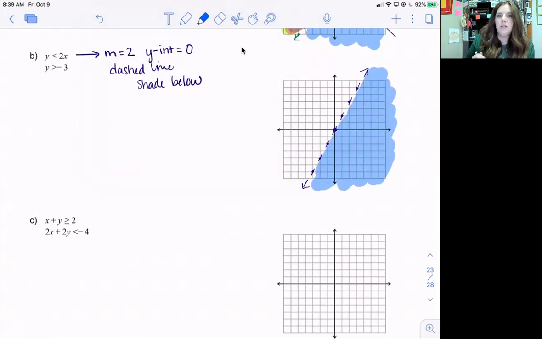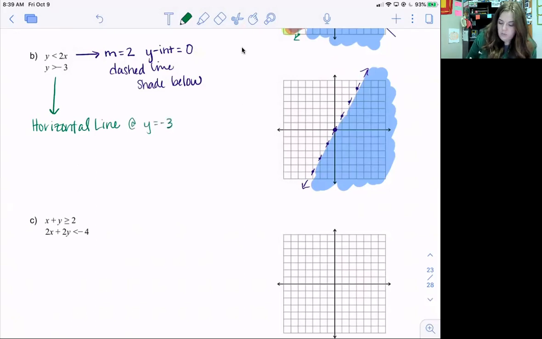All right, now let's look at our second line. We have y is greater than -3. So since there's no x value here, remember this is the same thing as a y-intercept. So we're going to have a horizontal line at y equals -3. We're going to have a dashed line because of the greater than symbol. There's no equality.